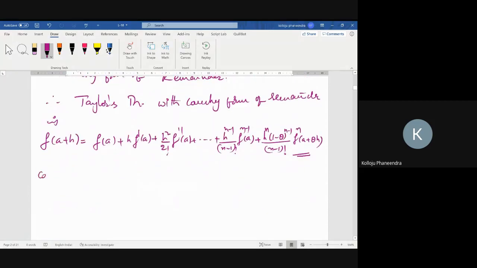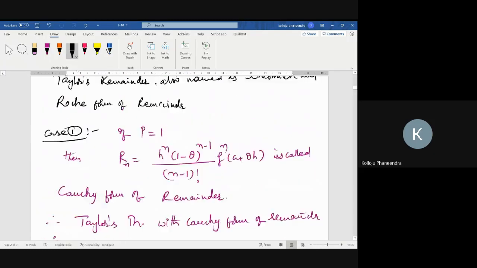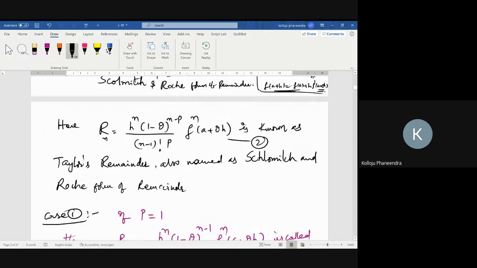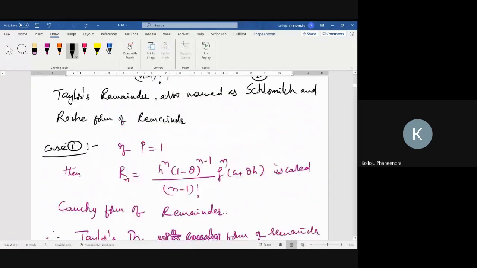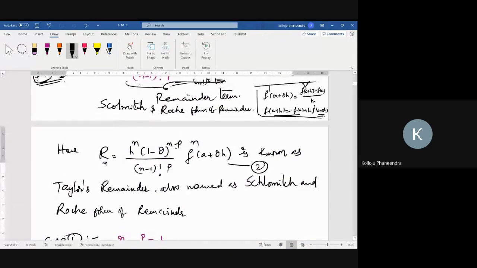And case 2. If p equal to n, then what does Rn become? See, p equal to n means this part, (1 minus theta) whole power 0, is 1.